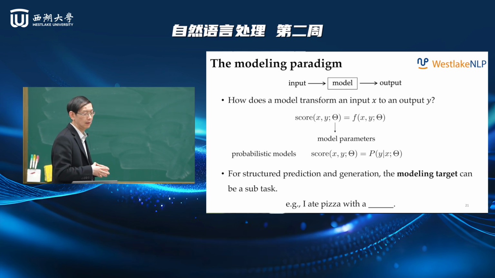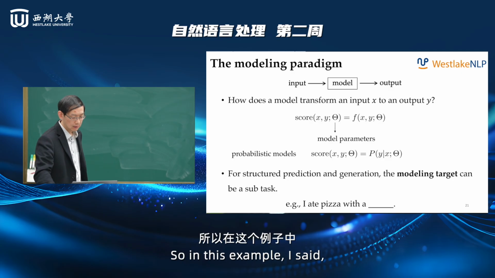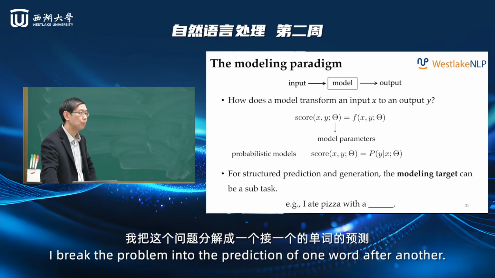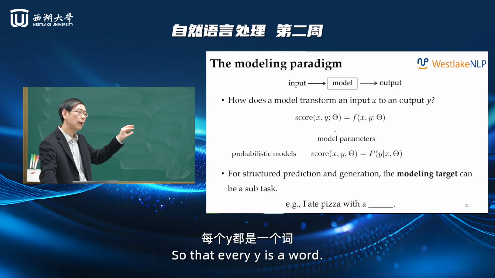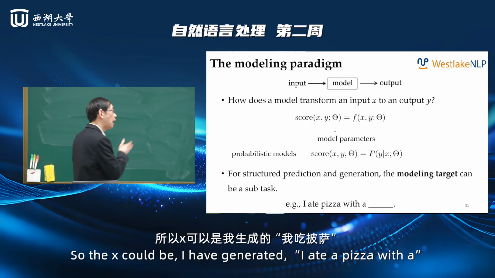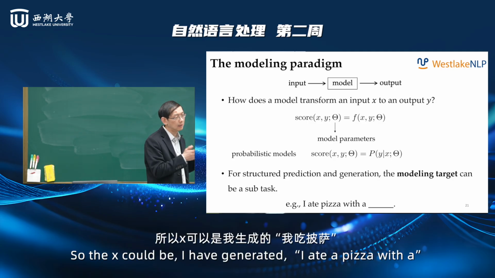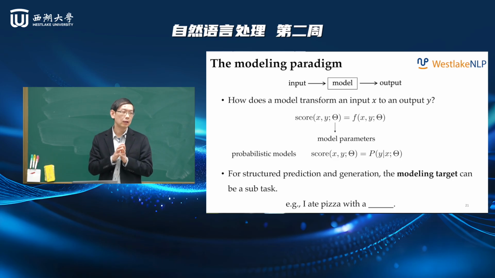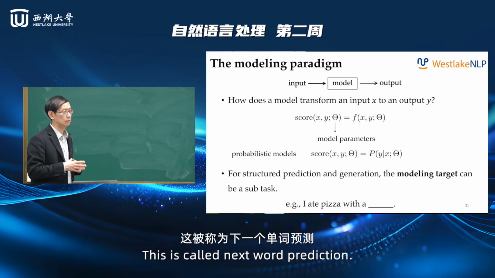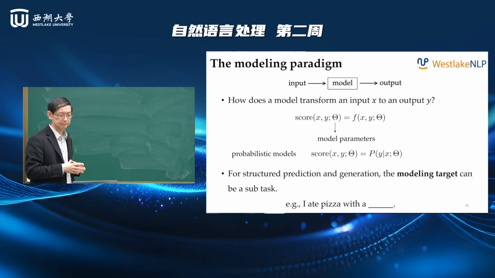So in this example, if I want to generate the sentence "I ate pizza with a fork", I break the problem into the prediction of one word after another, so that every y is a word. So the x could be "I ate a pizza with", and the y will be the next word. This is called next word prediction.